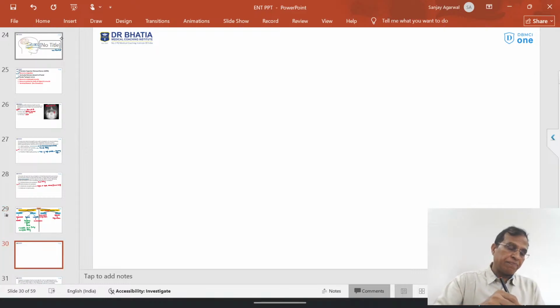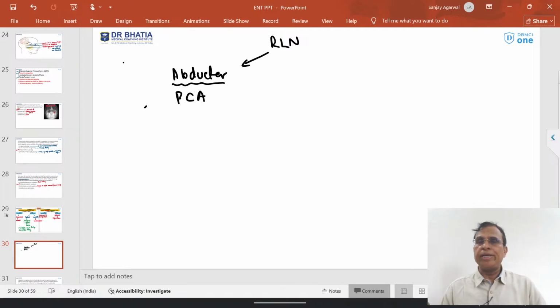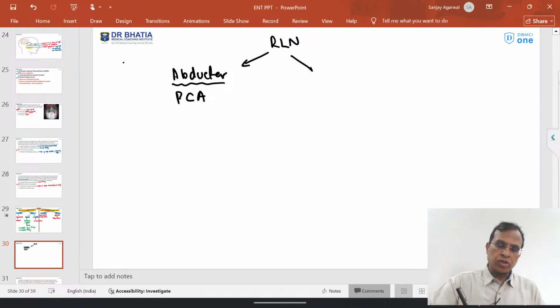See, the recurrent laryngeal nerve supplies one abductor called posterior cricoarytenoid. I'm not writing the full name because it's a discussion class. PCA is posterior cricoarytenoid, and it supplies 3 adductors.